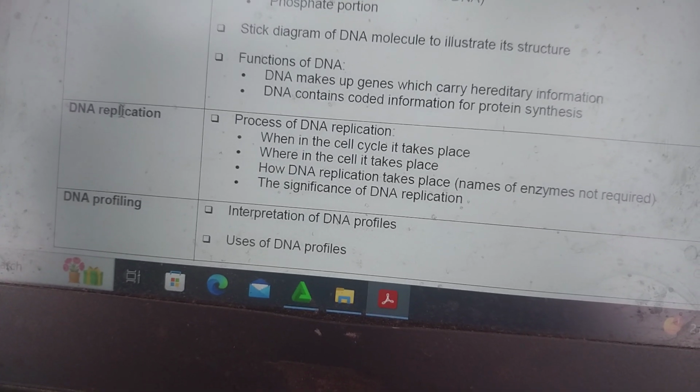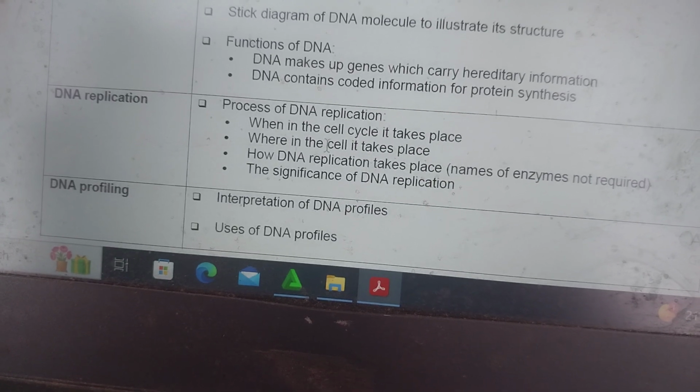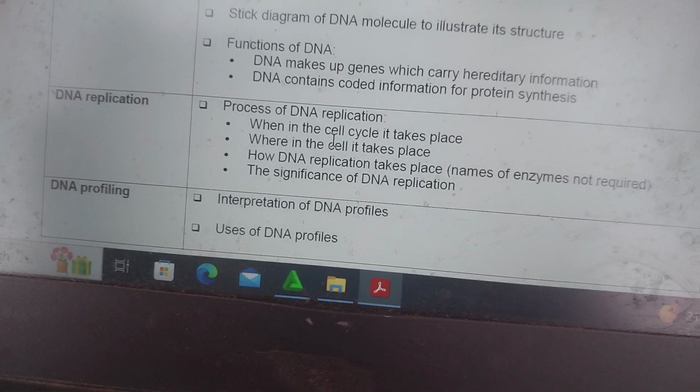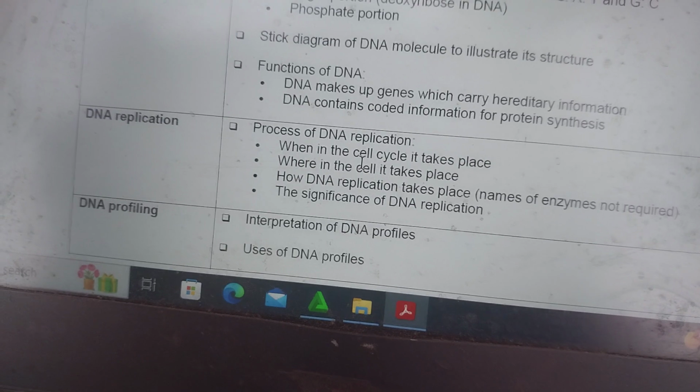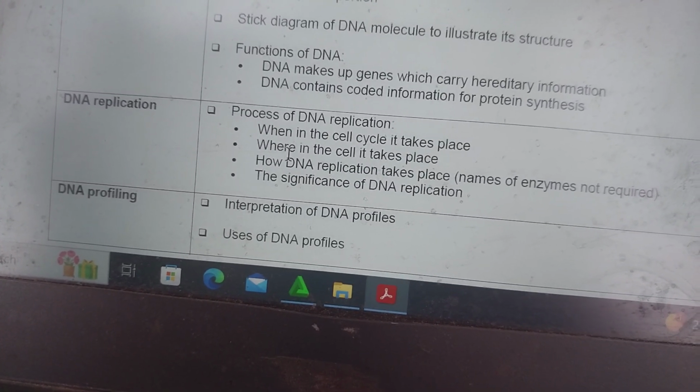Then you look at DNA replication or duplication. The process happens as follows.